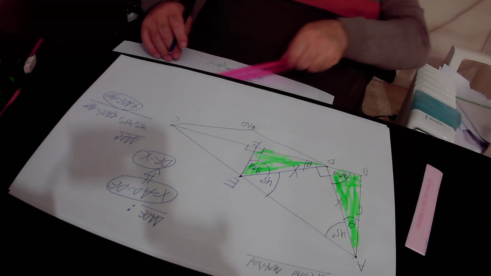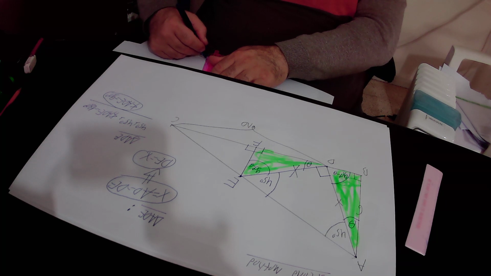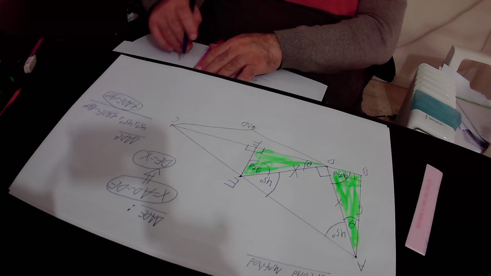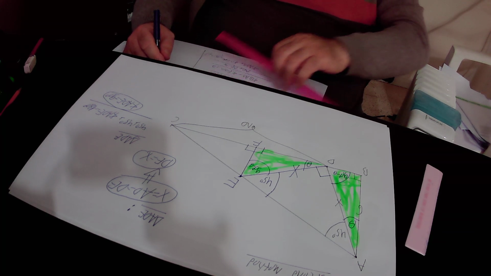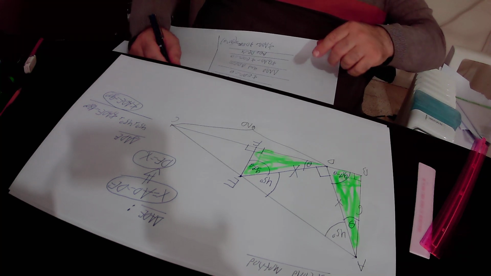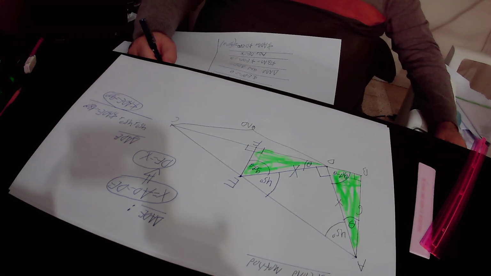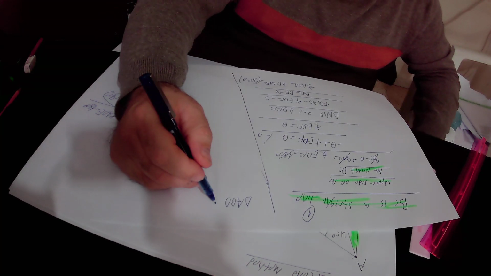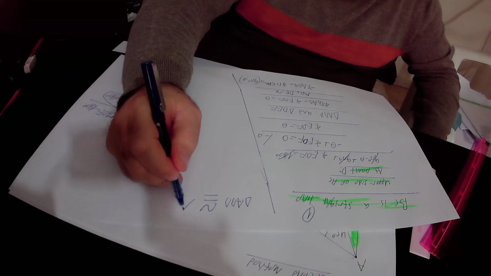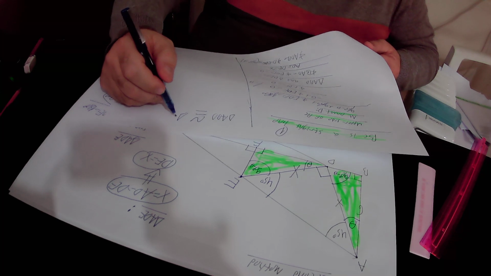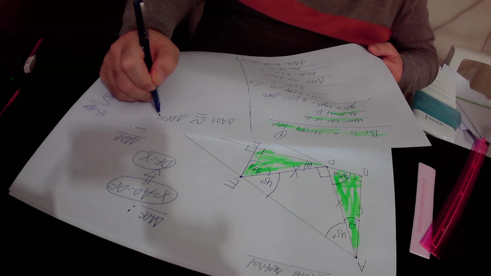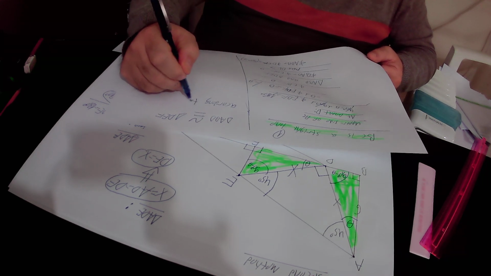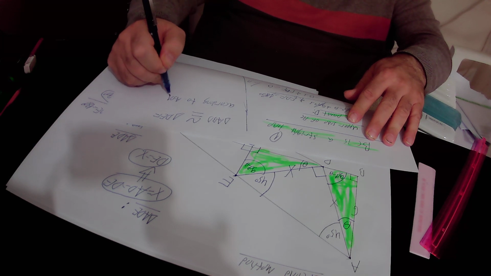So we actually proved that the right triangle ABD is congruent to the right triangle DEF according to the angle side angle rule.